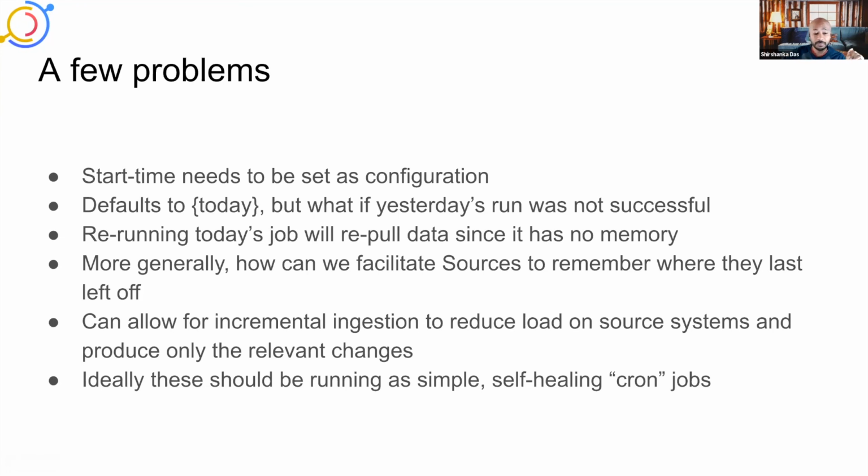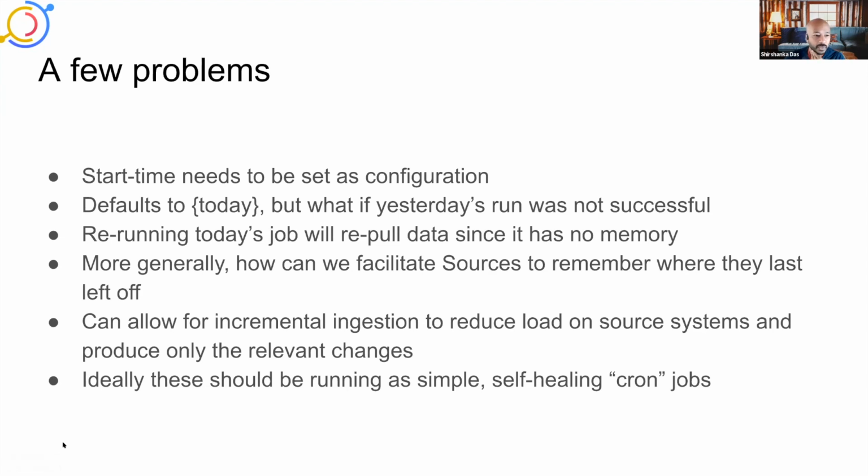Of course, when sources are pushing metadata out, this is all trivial because you're right in the context of actually making a change, so you can push metadata out when it changes. But for sources that are crawled, you actually need state to be able to ingest only the things that have changed. We also want these sources to be really simple, self-healing cron jobs. You should be able to just run them, and they should be able to figure out where they last left off and only pull the deltas.